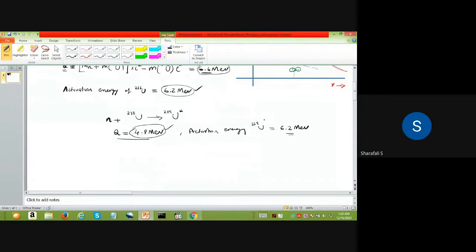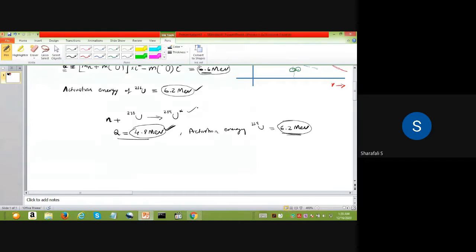But its activation energy is 6.2 mega electron volt. So this energy is not enough to cross this activation energy of 6.2 mega electron volt. So this uranium 239 in the excited state will not undergo fission reaction.